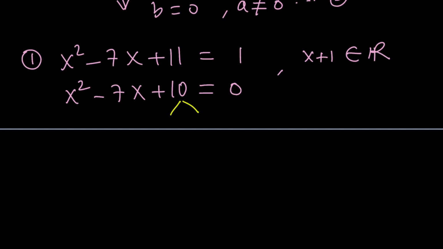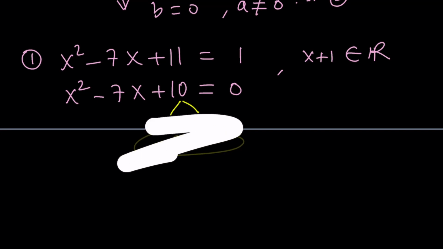So you're looking at factors of 10, but they have to be negative factors. So -1 and -10, -2 and -5, -5 and -2, and so on. By the way, the order doesn't matter. -1 and -10 is the same thing as -10 and -1, so we don't have to worry about those. This is pretty much the only way to factor it, and among these two possibilities, this will work: -2 and -5. Make sense? So you basically go through the cases and find it.